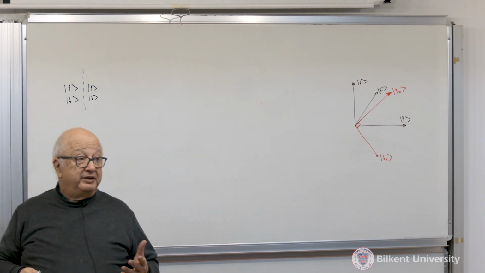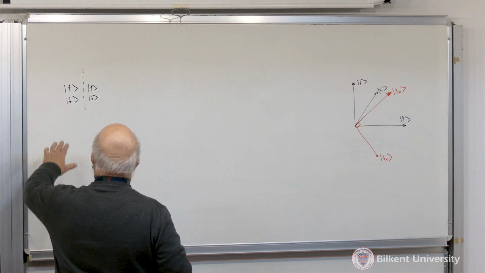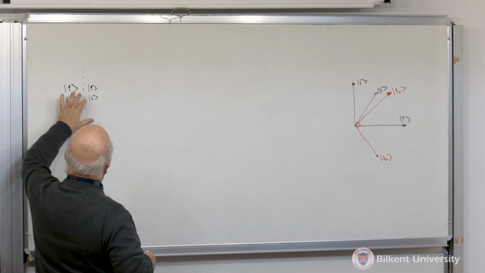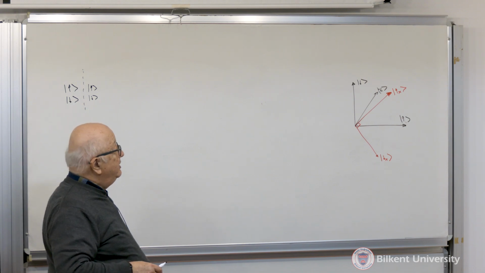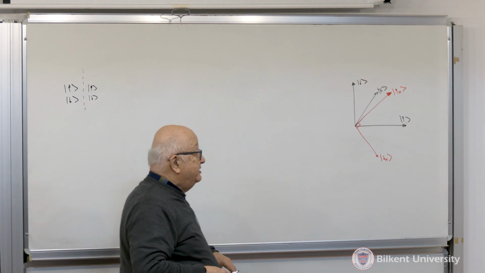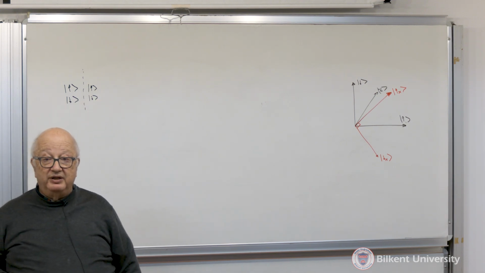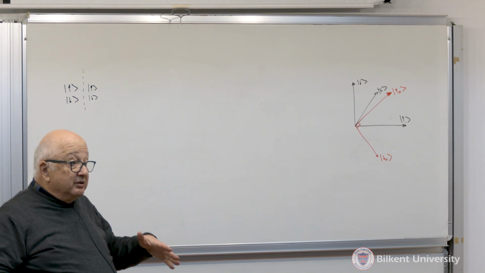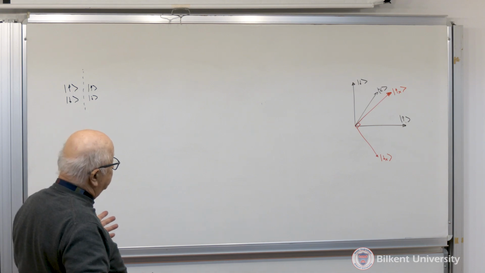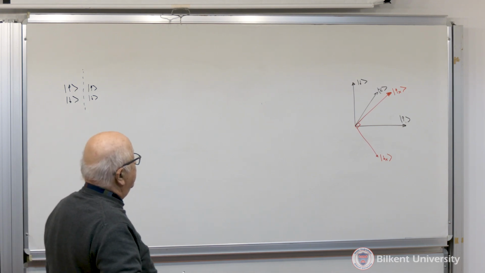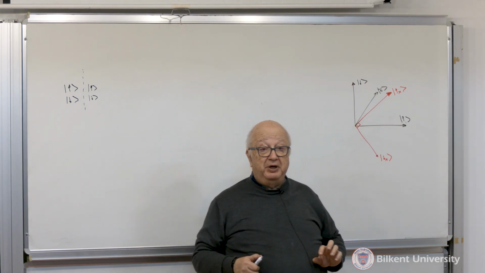So I can describe the first system in terms of this up and down z eigenstates. The second I can describe in terms of the up and down eigenstates of the second system, right? So if I look at the space in which I have to work, how many dimensional must it be?